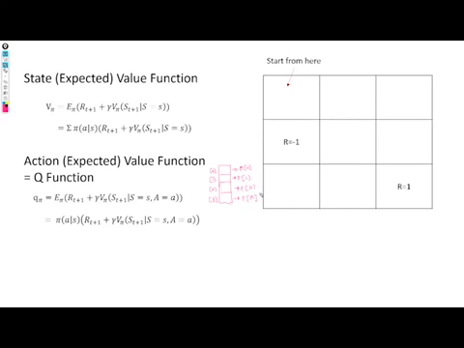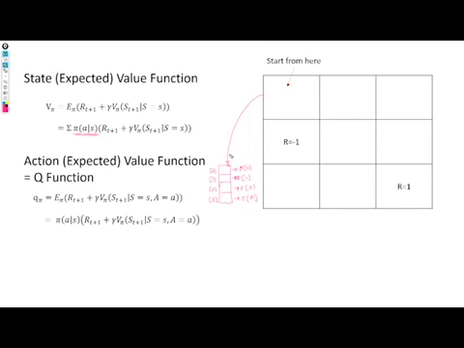And that's it. Each state will have this kind of array, and what we are doing here is, instead of calculating the probability of a state transition like this, we directly put the expected value here instead of the probability, and that's the idea of the Q function.